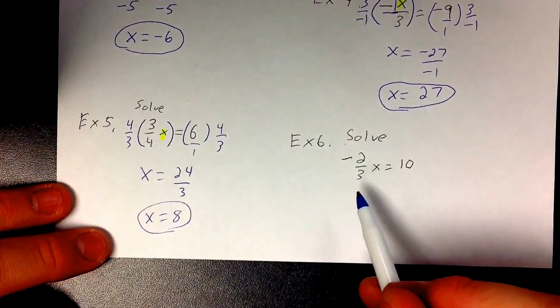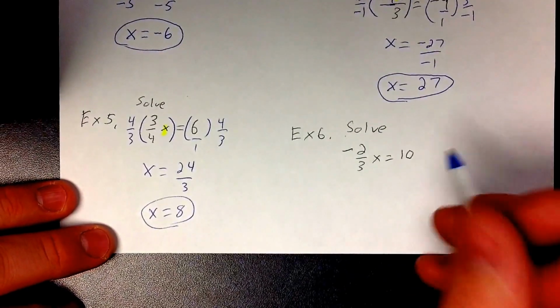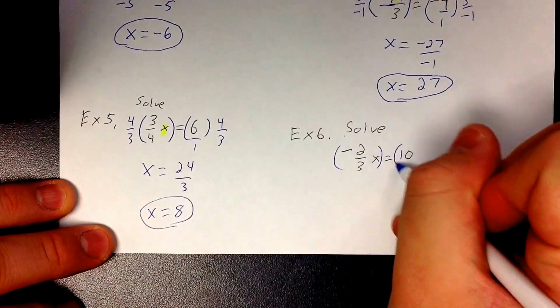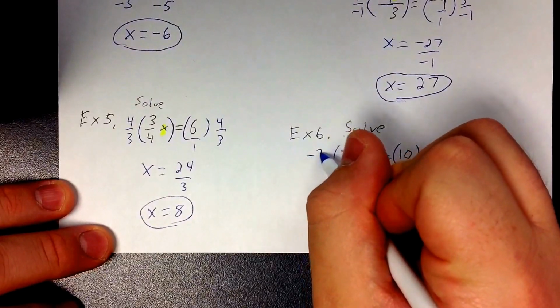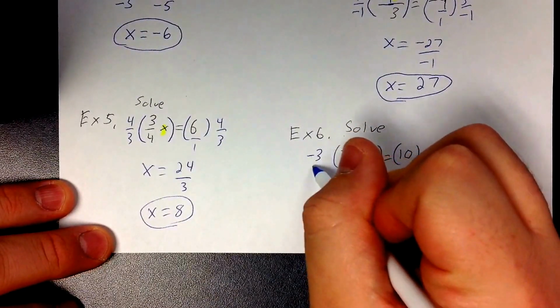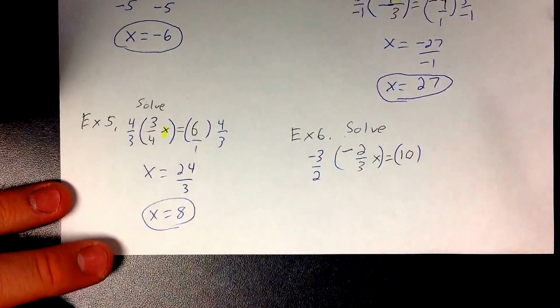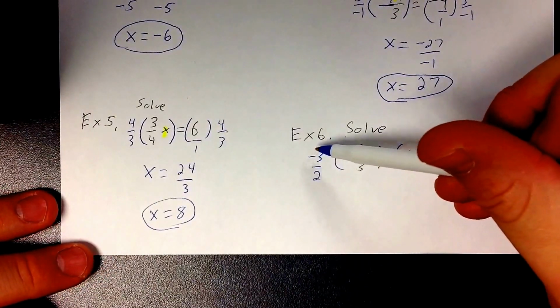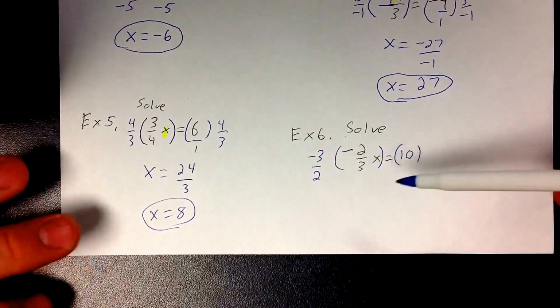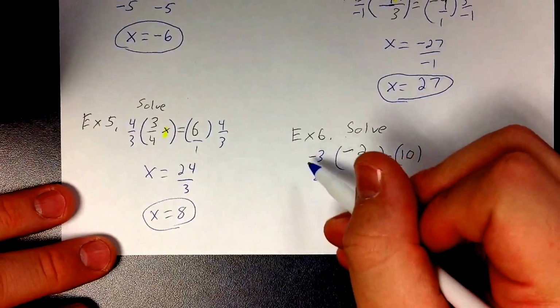Example 6, negative 2/3 times x equals 10. Again, if I want to get rid of a fraction, I flip it. So I multiply both sides by negative 3 over 2. Now, I can put the negative sign with the top even though I'm flipping the fraction, because again, as long as I have one negative sign there, it means the same thing.